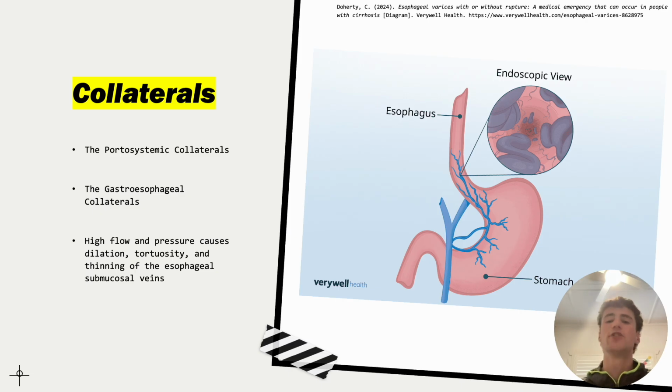This diversion reduces the portal pressure, but also creates veins under high stress. So the increased blood flow and pressure in these collateral veins cause them to become dilated, tortuous, and thin-walled, especially in the submucosal veins of the distal esophagus. These structural changes can lead to the development of esophageal varices.